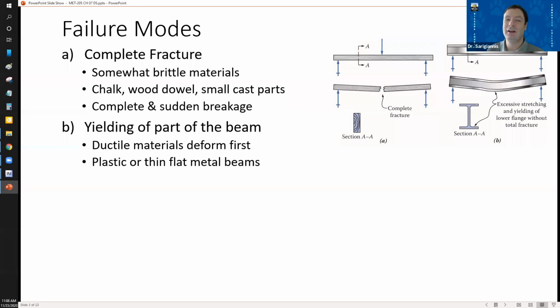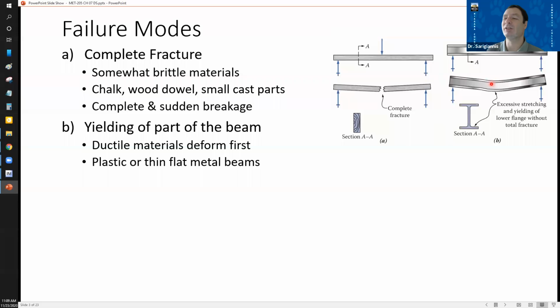Yielding. You have a beam here, and this beam might be made of ductile material, right? So it will deform, it will bend, and you'll have elastic deformation first, as we learned about. However, at some point, if the load is high enough or applied long enough, usually it's got to be both, you'll start getting excessive stretching and you'll get yielding.